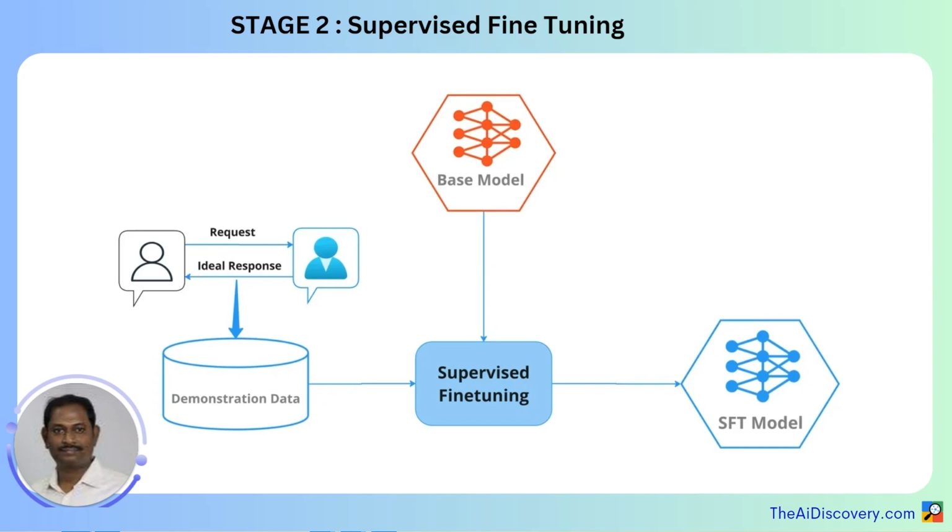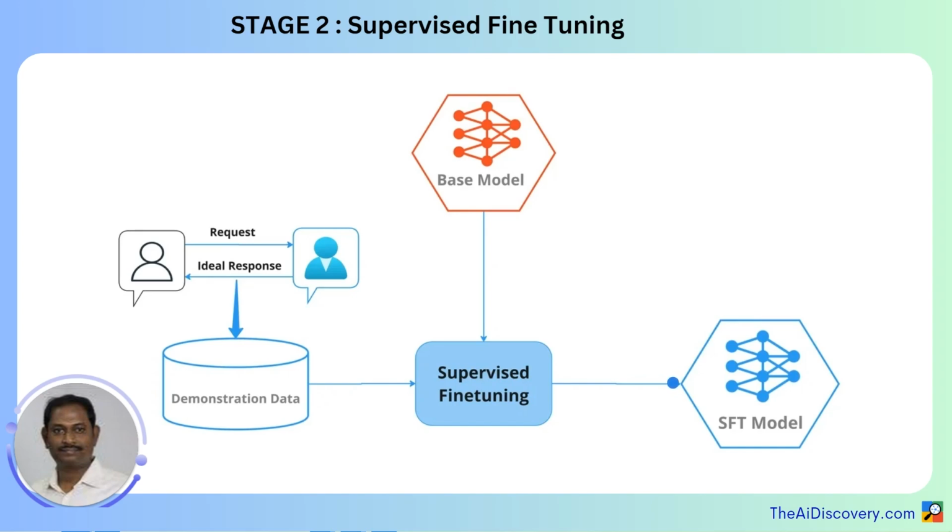Like this, several thousands of conversations are recorded and stored as demonstration data, and this acts as a training corpus. This training corpus is fed into the base model, and then we get what we call the supervised fine-tuning model. This is definitely far better than the base model in terms of conversational chatbot.